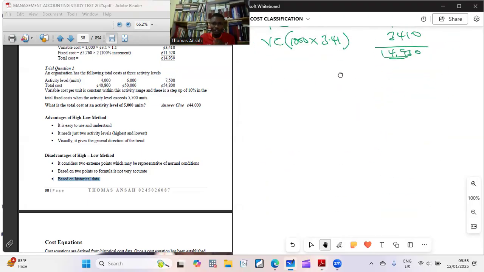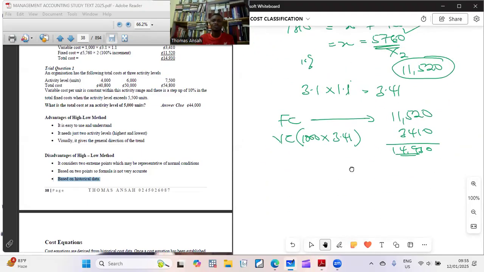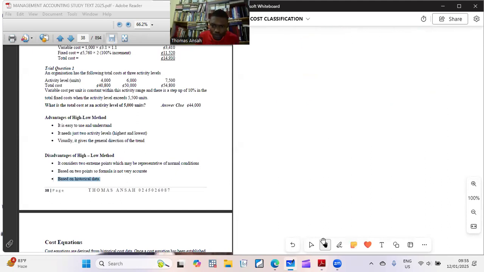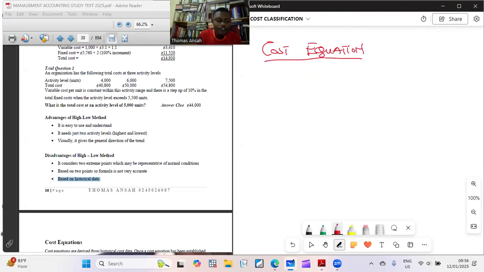Now we can use this thing that we have done to generate an equation. So let's talk about the cost equation. It's a very simple analogy. If you look at what we did, we can say y is equal to an intercept a plus bx.